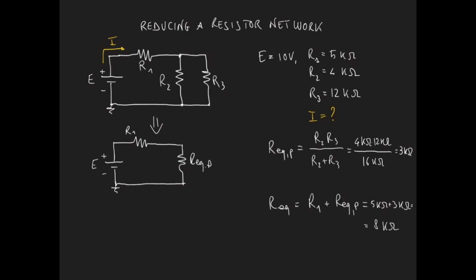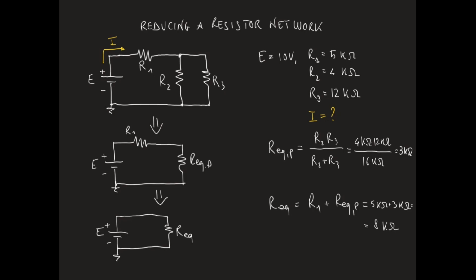Eventually, the network can be reduced to a much simpler one, consisting of the battery E and of a resistor REQ. This resistor REQ is the equivalent resistor for the network made up of the resistors R1, R2, and R3 in the original circuit.